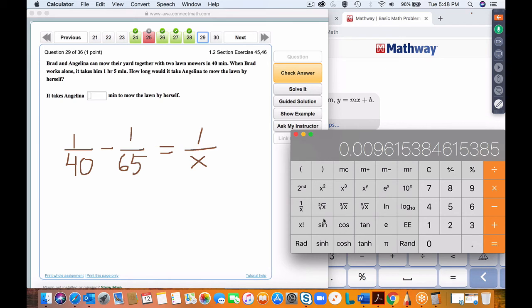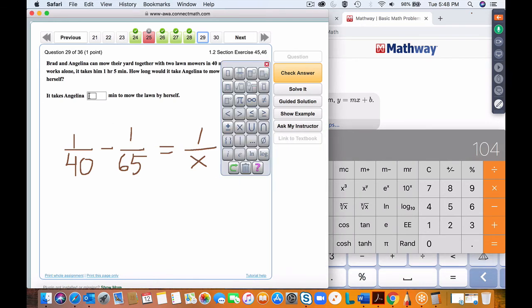And then I want 1 over x, right here. You see on the left, that's 1 over x. So I click. I got 104. And what I mean by 104 is that the second person will take 104 minutes to do the same job alone. We can check.